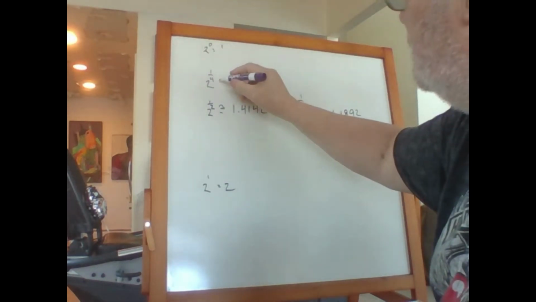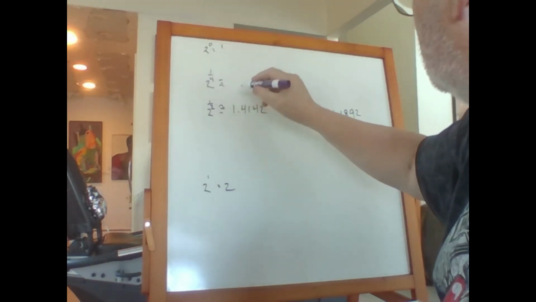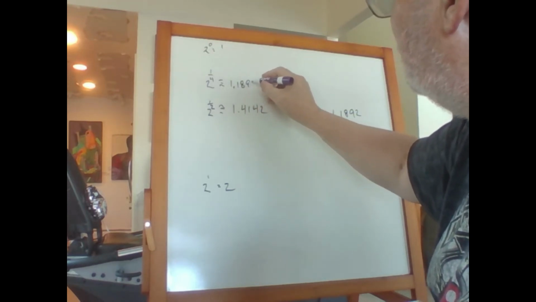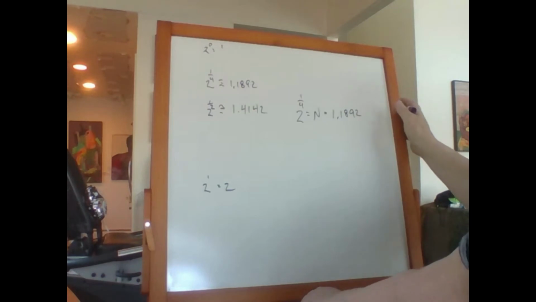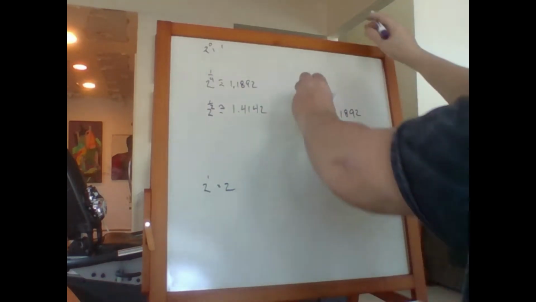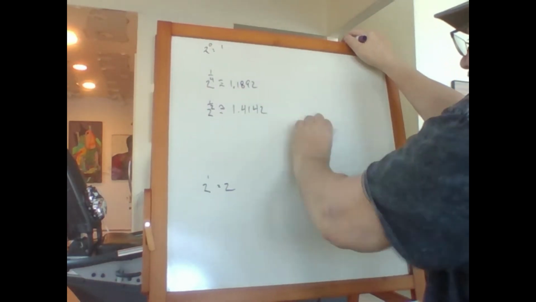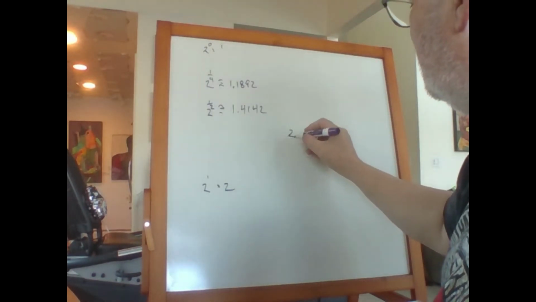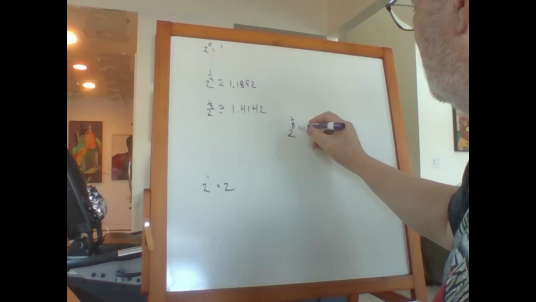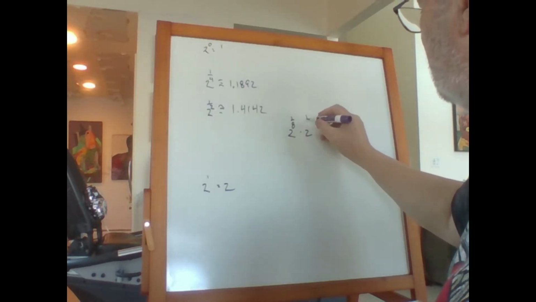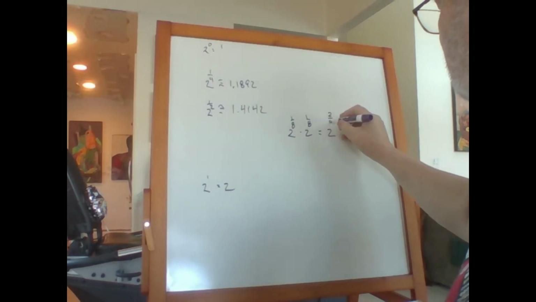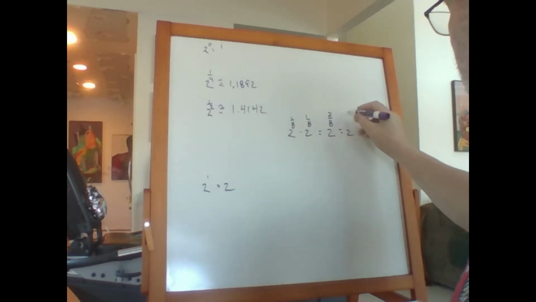And so we have 2 to the 1/4 equals approximately 1.1892. And we can still refine it. We can go 2 to the 1/8 times 2 to the 1/8 equals 2 to the 2/8 equals 2 to the quarter.